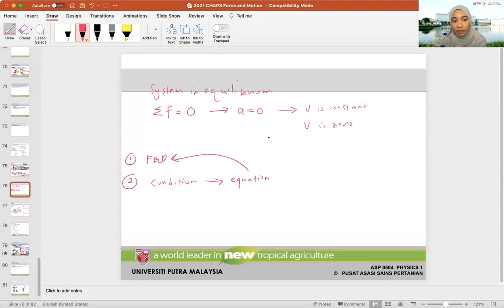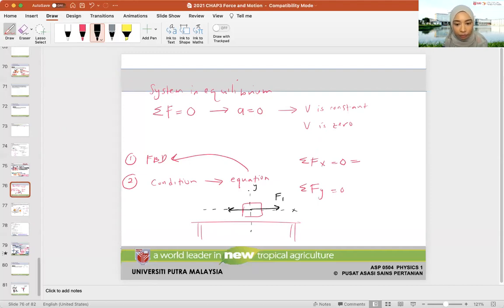So when you have identified that it is in equilibrium, you know that you should start with net Fx equals 0, net Fy is also equal to 0. And whatever your free body diagram has, let's say you have a box on a table, the typical example that we have, this is your x-axis and this is your y-axis. Whatever forces you have, F1, F2, F3, F4, whatever is in your free body diagram on the x-axis, you write it in your equation.